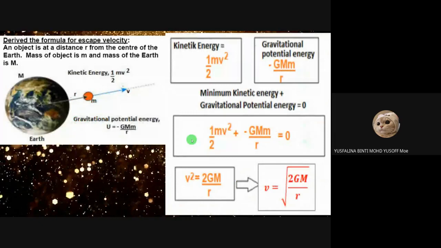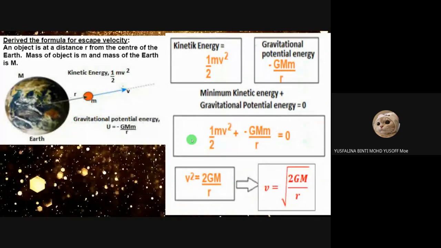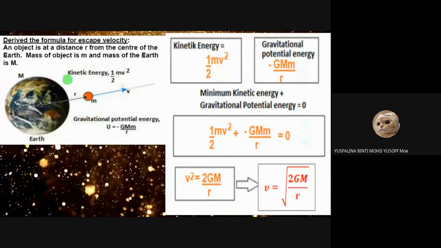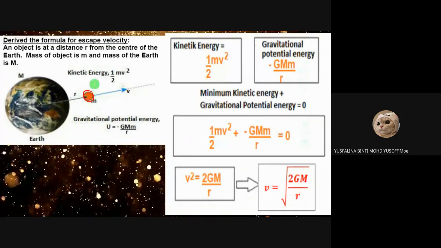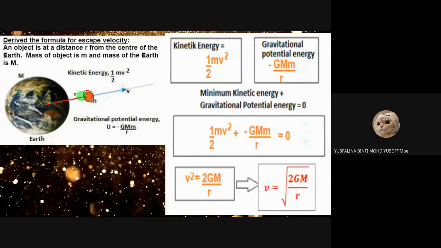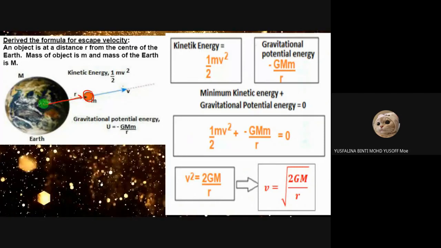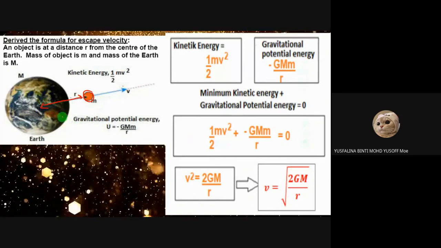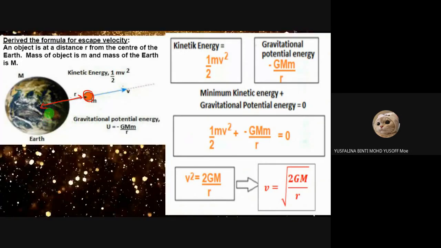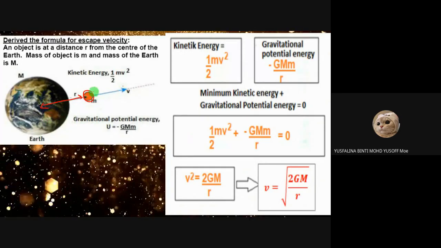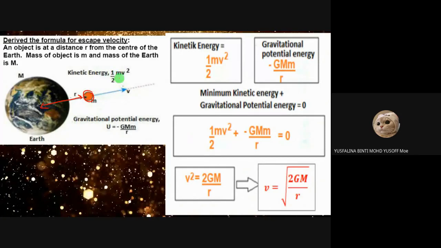So this is the formula for how we derive the escape velocity. This one we already know. Let's say this is the object, and this is the gravitational potential energy, which is based on the height. When it is launched, it changes to kinetic energy.